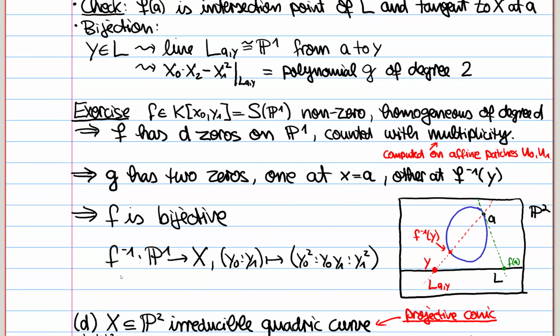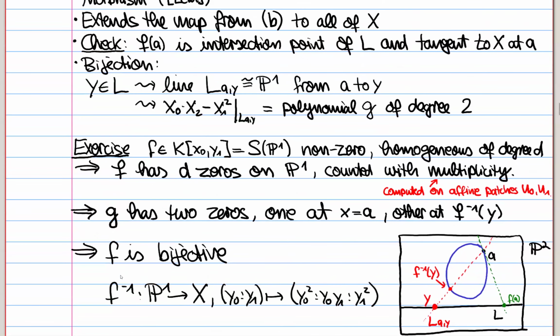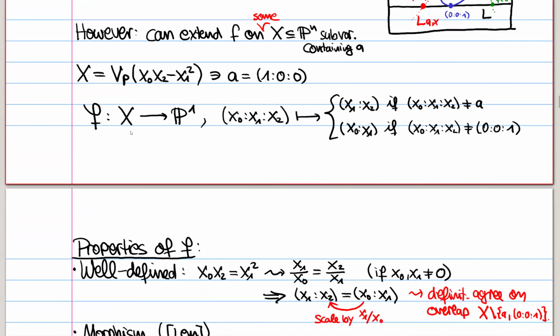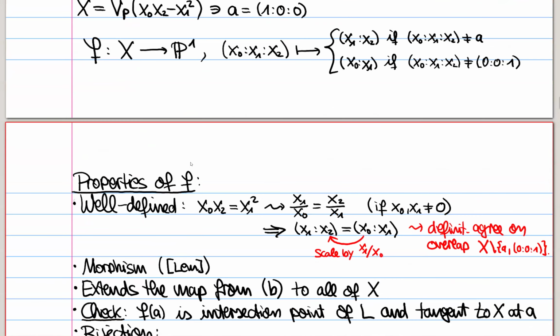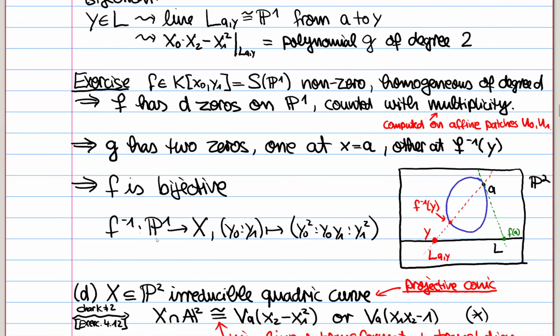And so what we have done is we have written down this morphism here from X to P1, and we have now seen that there's an inverse morphism from P1 to X. And you see, this is not just a map, but by the same lemma that we had before, it's also a morphism, because the elements are given by homogeneous polynomials of degree 2, and this morphism is defined everywhere.